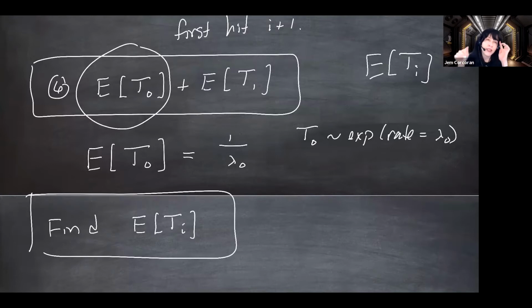And I'm going to find this expectation by conditioning on what happens in the very first step. So we're currently sitting at state i, and in the very first step, we either move up to i+1 and it's over in one step, or we move down and we have to kind of start again.